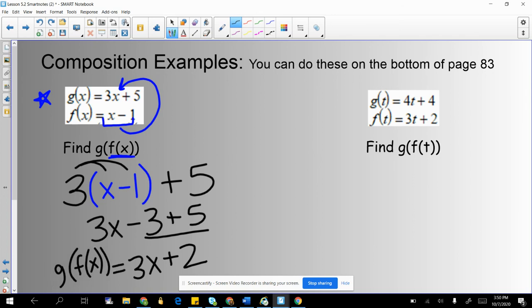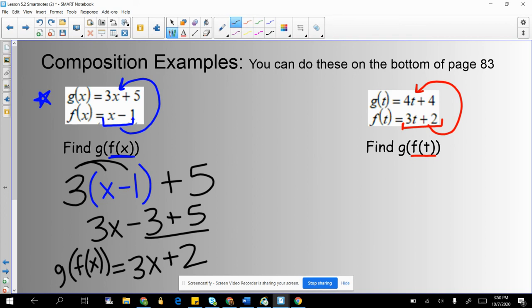Okay. Let's try another one. So this one is asking for g of f of t. If you're feeling confident, pause the video and try this one out. Again, always start on the inside and work your way out. So we're taking our f of t and we're plugging that whole thing in for t in our g of t.